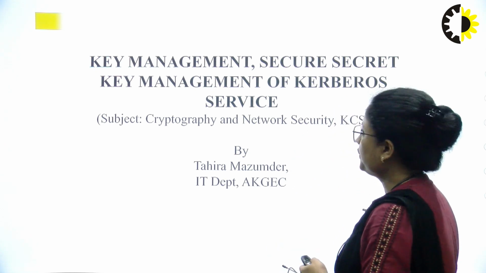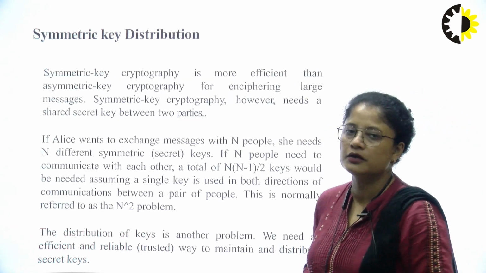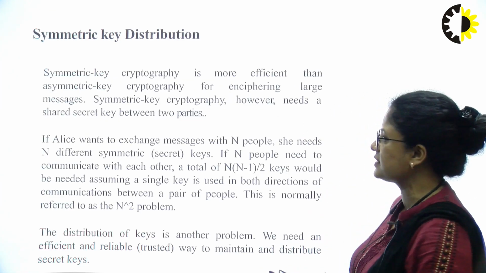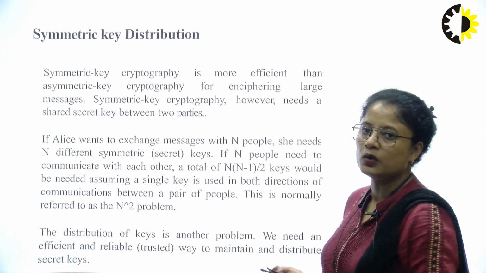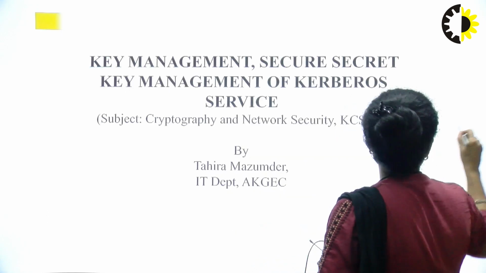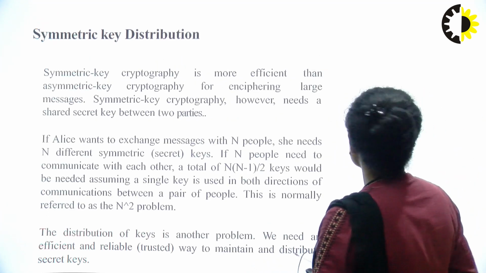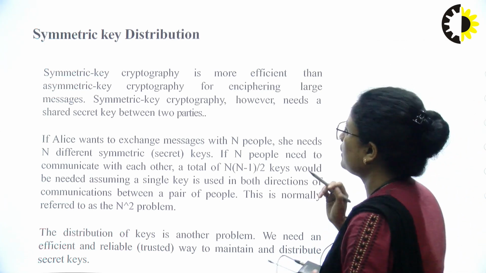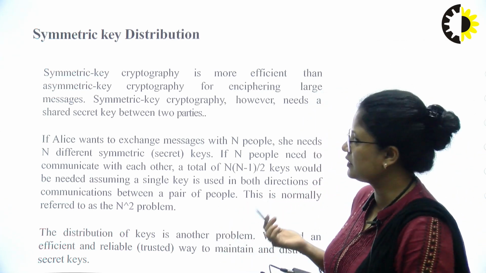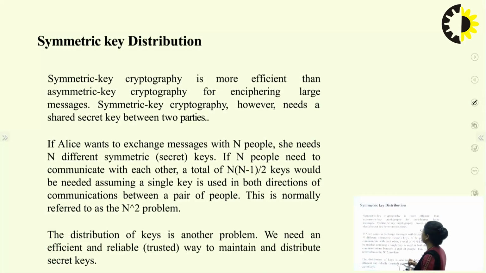To start with, first I'll talk about what symmetric key distribution is. As I told in my previous class, symmetric key management basically deals with a single shared key, and asymmetric key management deals with two keys, which involve a private key and a public key.